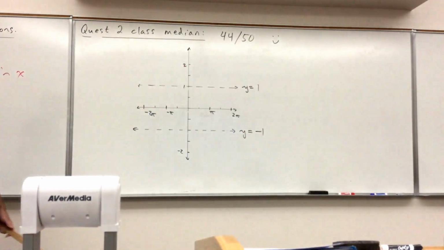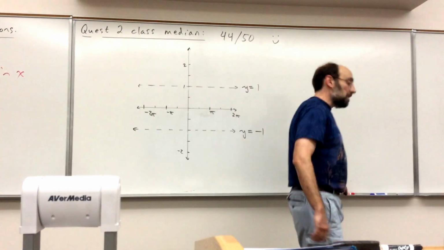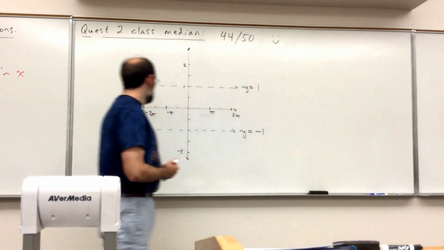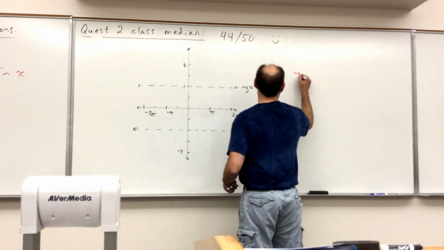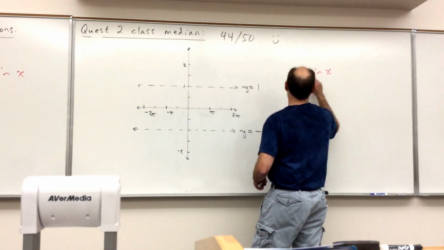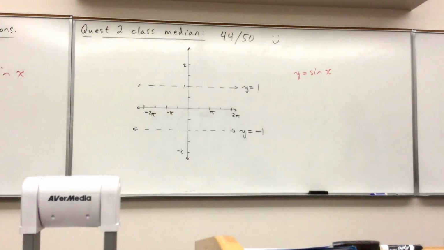Okay, so sine function. Just quickly get our 5 key points. Let's get a couple periods in here. So y equals sine of x, we'll do in red as before. So let's see here.